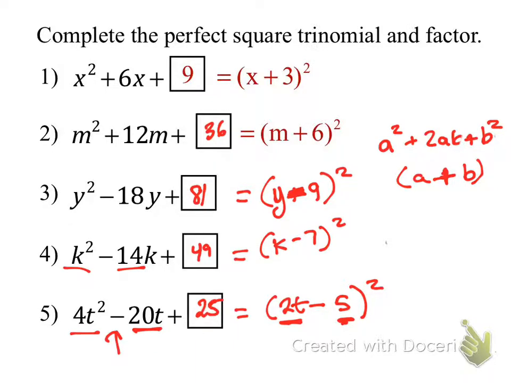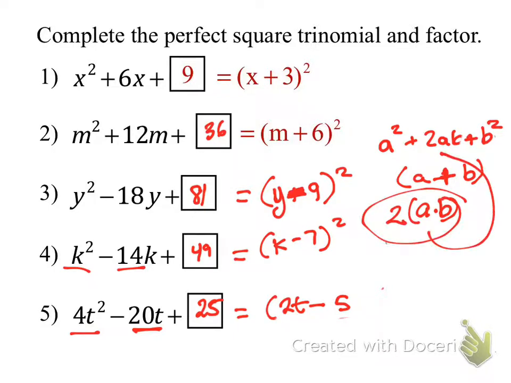One more time, and I'm going to go fast because I've got a lot to do today. We know that you understand that when I multiply a times b times 2, I get the middle term, right? Yeah. On a perfect square trinomial. Well, we don't know.